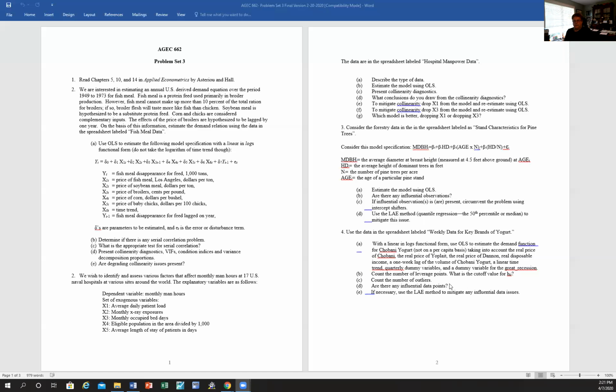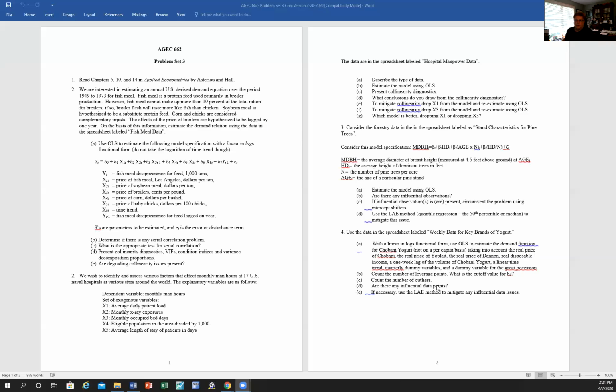Leverage points are looking at h_ii. Again, the appropriate cutoff is 2p over n. Outliers deal with our R-student statistics bigger than 2. And in order to have an influential data point, you would need to meet the criterion for the hat diagonal element and the R-student statistic.